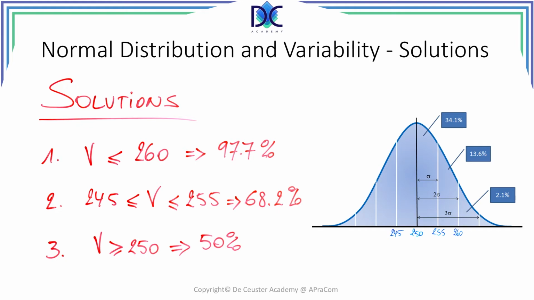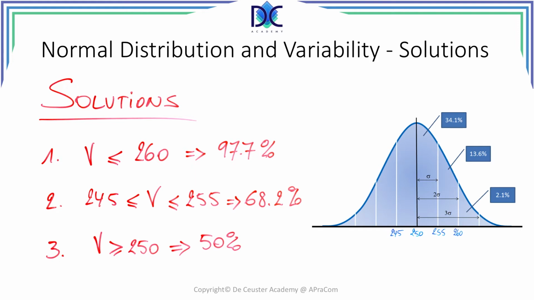So the surface, or the probability that the volume is between 245 and 255, is twice 34.1 or 68.2. The last one was a little bit a tricky question because we know it's a symmetrical distribution.